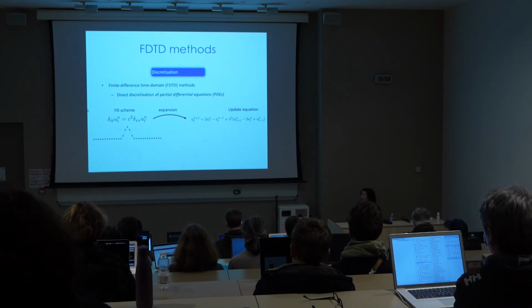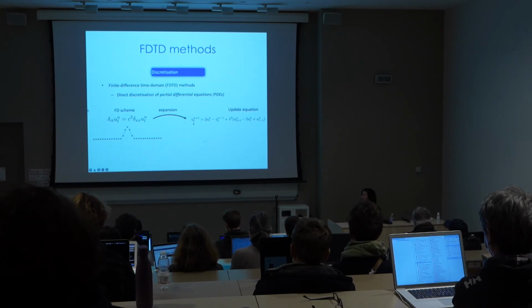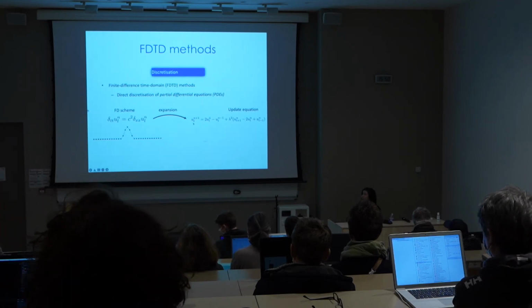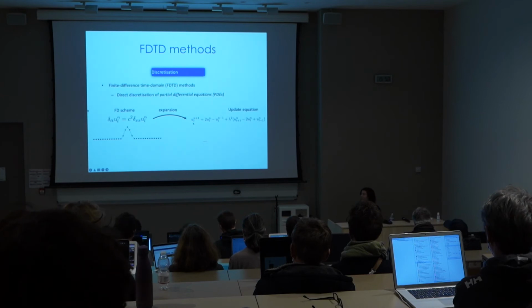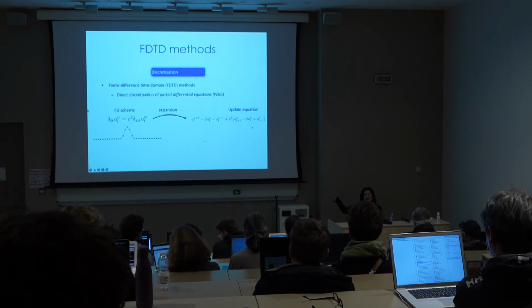But let's say that you find an equation at the end by using different kinds of numerical methods. You find an equation which tells you the state of the string at time n plus 1 based on previous ones. So you give some initial condition, and then you iterate this point over time.